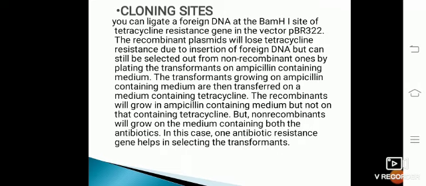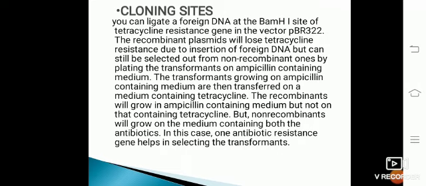There are two resistance genes, ampicillin resistance and tetracycline resistance. So we plate the transformants on ampicillin-containing medium. These transformants are then transferred to medium containing tetracycline. The recombinants grow in ampicillin-containing medium, but not on that containing tetracycline, because they lose tetracycline resistance due to insertion of the DNA.